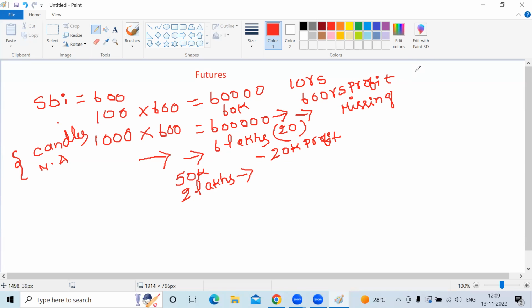So using futures, this problem will be solved. In futures, you can't buy one single stock.